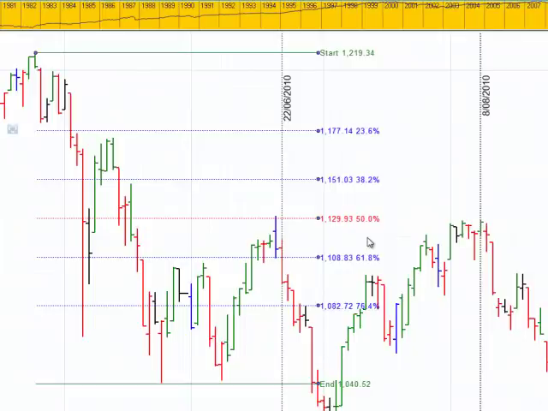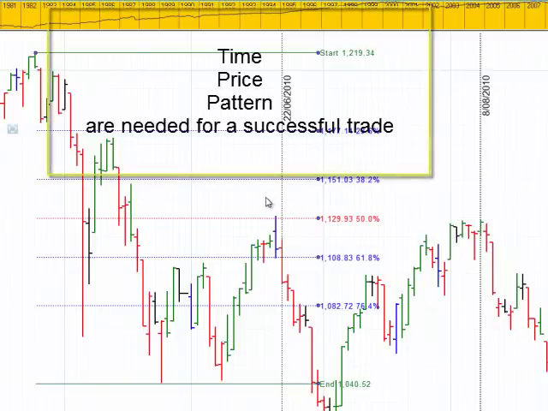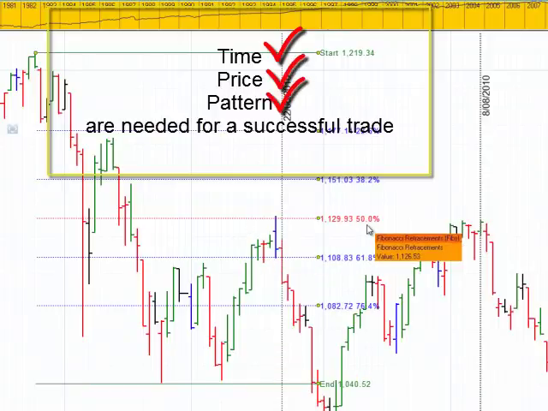But W.D. Gann warned us that halfway between any high and any low is very likely to be a significant price for market reversal. So again, we now have the timing factor being the Earth's rotation around the Sun, the pattern being the outside reversal bar, and the price being halfway between the high and the low.